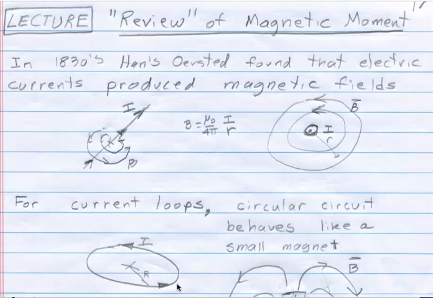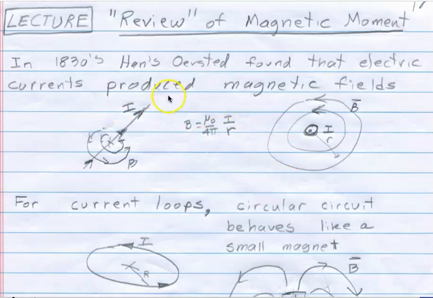And to do that, the story really starts back in the 1830s with Hans Ørsted. He was a Dutch physicist that found that electric currents, here I've got a straight line electric current, a very long wire carrying a current I, create a magnetic field that swirls about it in this fashion.